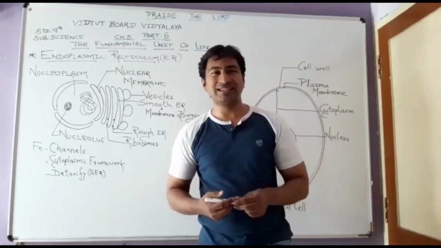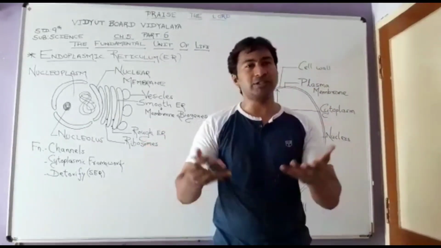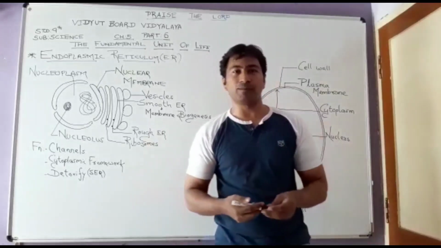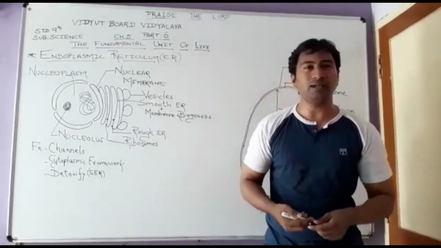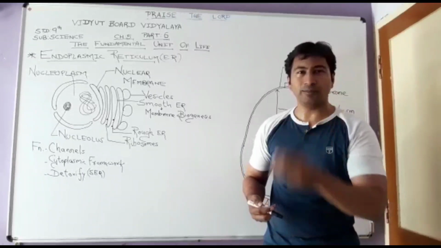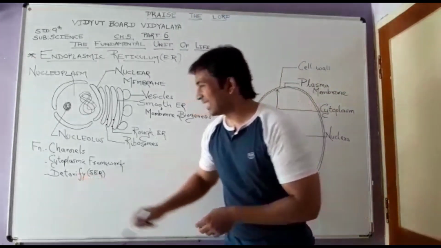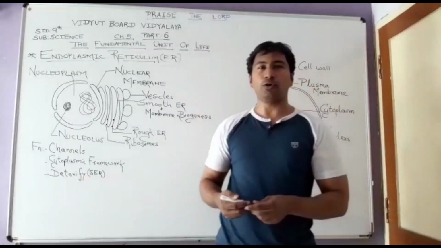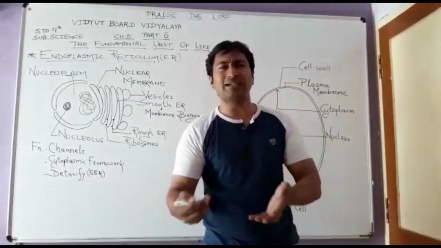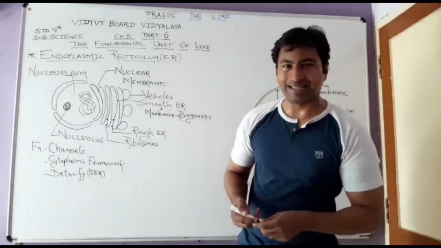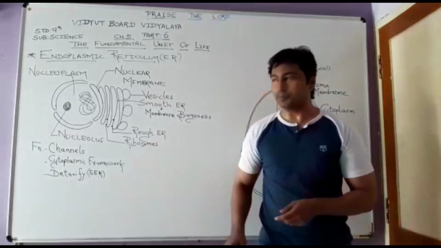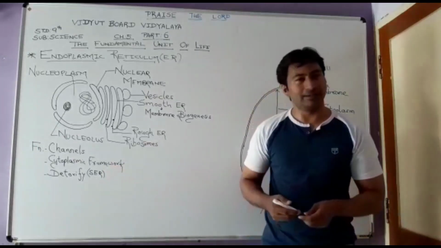Cytoplasmic framework means it provides a lot of surface for the synthesis as well as for a lot of biochemical reactions. And the third major function is that it helps in detoxifying a lot of harmful substances which might have entered inside the cell, and this is specifically done by the smooth endoplasmic reticulum.